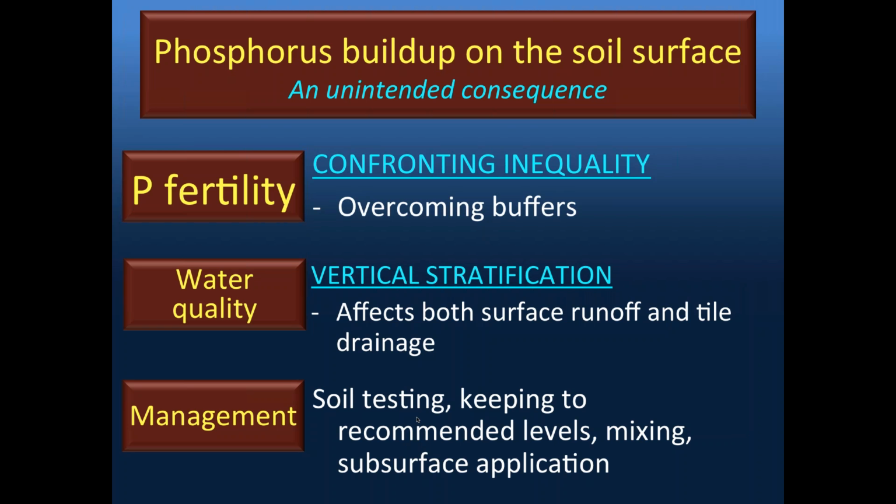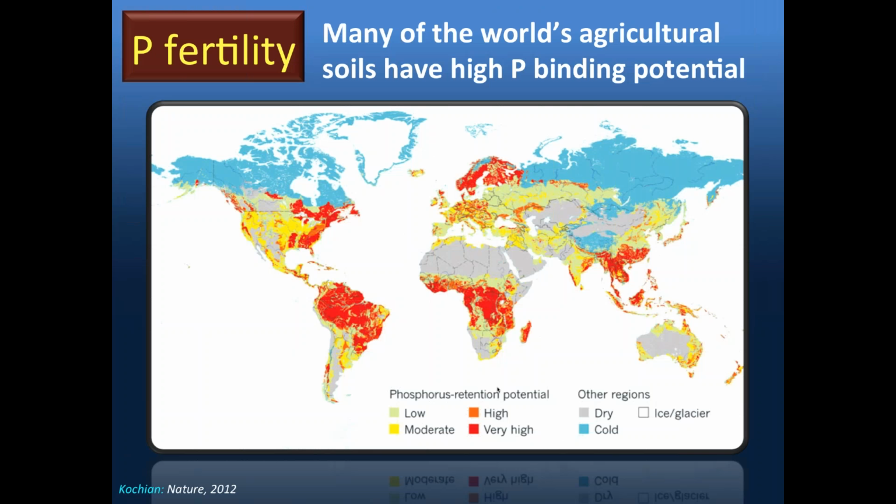Okay, so this next slide then is a map of the world, and you have to look at our production issues from the standpoint of agricultural development. And with this map, what you see are red colors indicating very high binding potential or phosphorus sorption capacity, and then the lighter colors, the yellows and the green, being lesser binding potential.